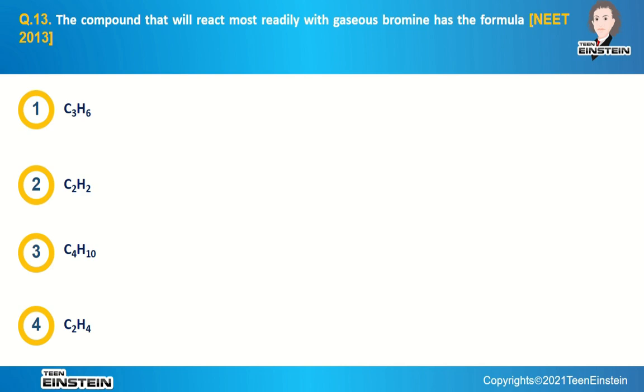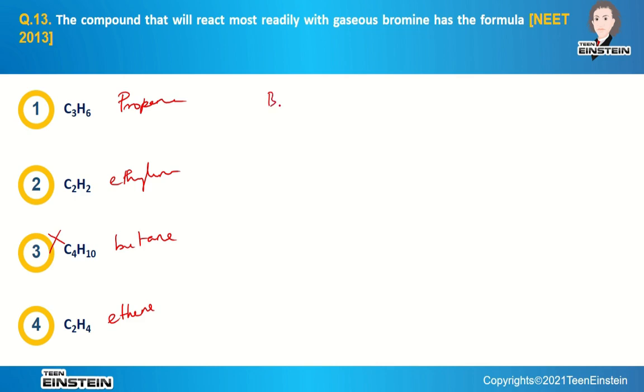Here the given formulas are C3H6, which is propene; option 2 is propane; option 3 is butane; option 4 is ethene. As we know, bromine reacts with unsaturated compounds.